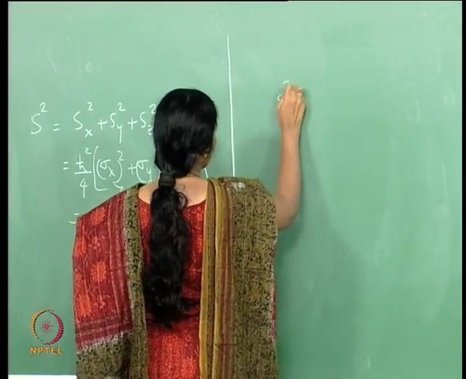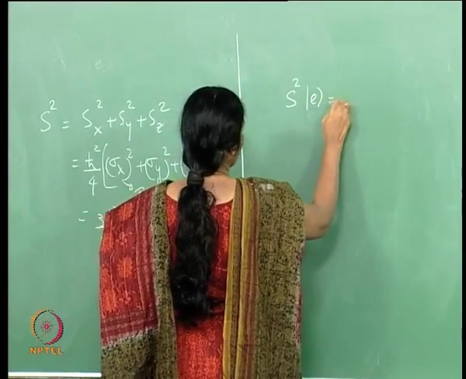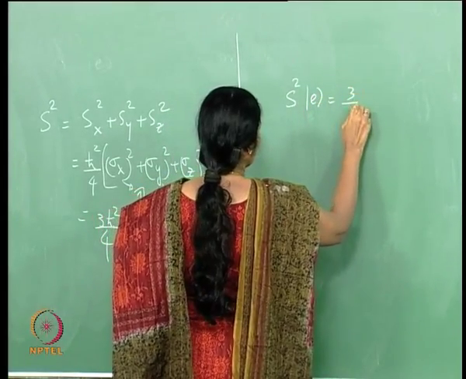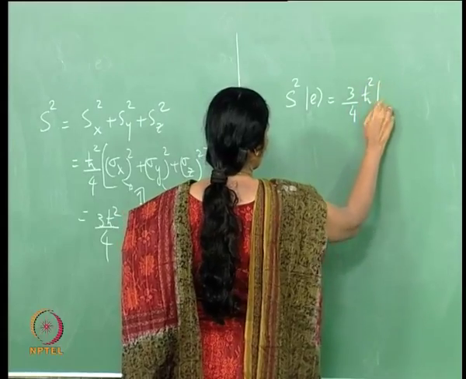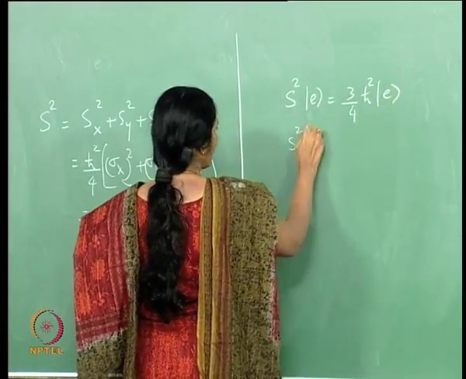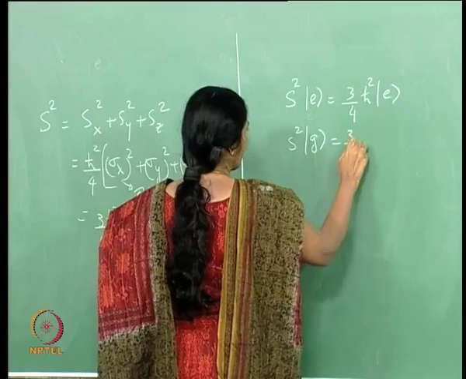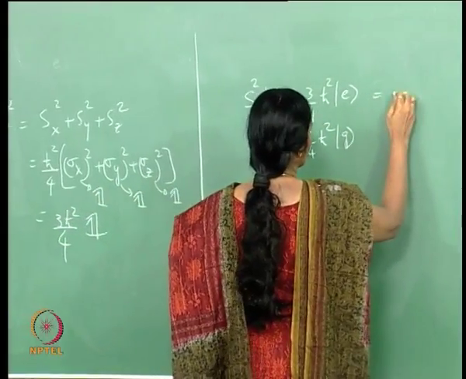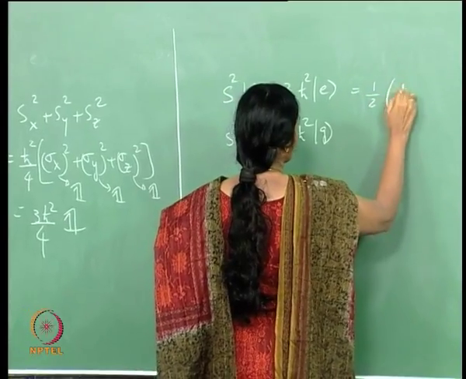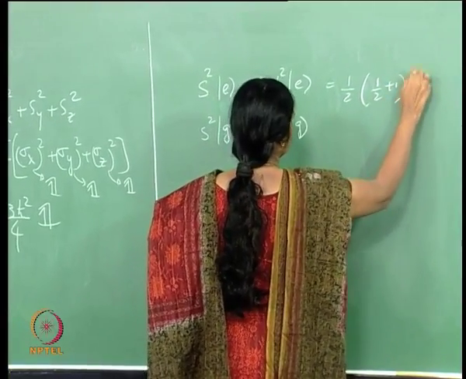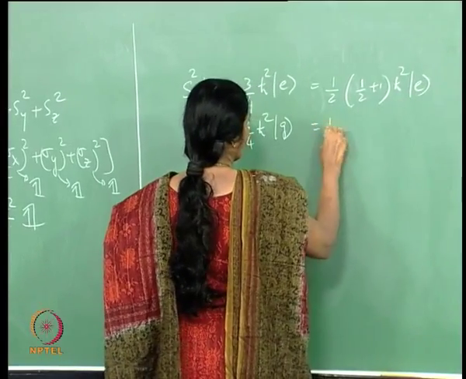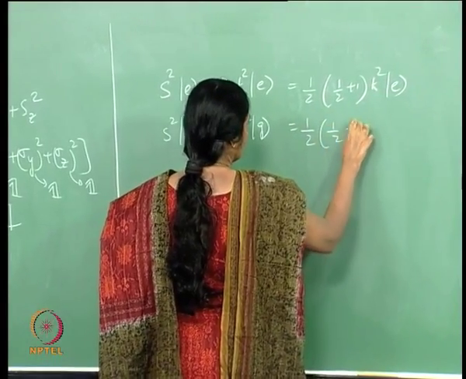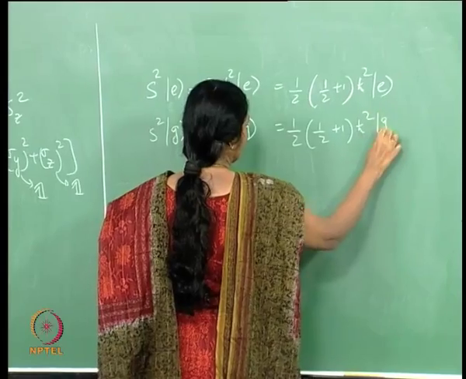When S squared acts on ket e, it simply gives me 3/4 ħ squared ket e, and S squared acting on ket g gives me the same thing. I'd like to write this as half into half plus 1, like this.